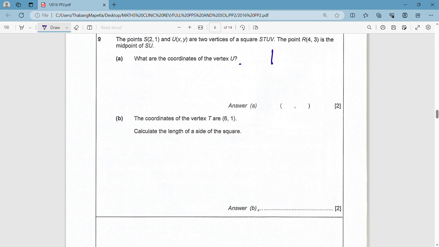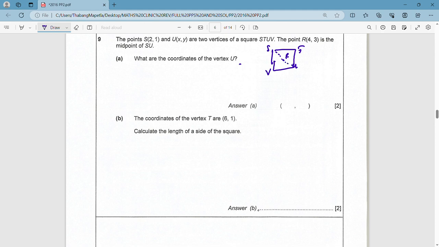So let's draw the square here. STUV should be continuous like that. The point R is the midpoint of SU. So SU is going to have the point R. From there going down, it's going to be the point R.